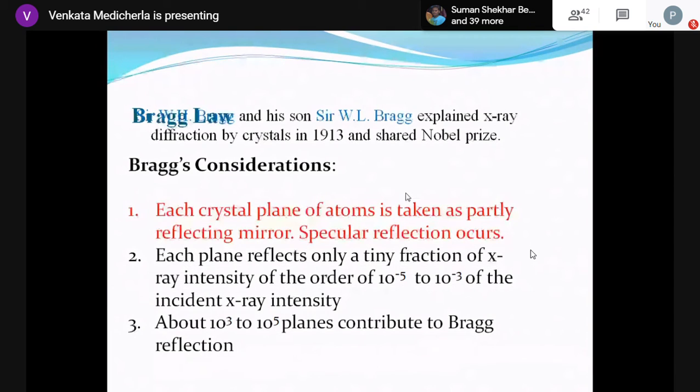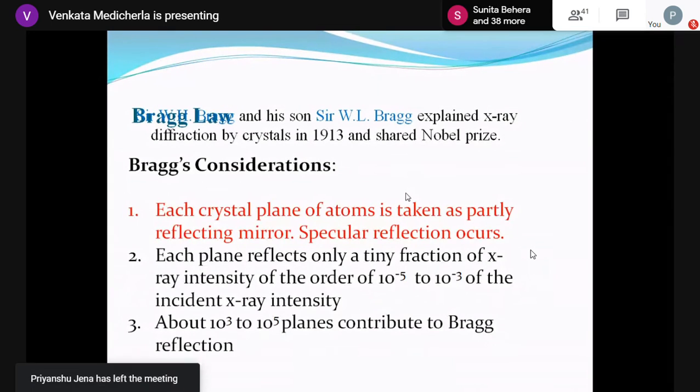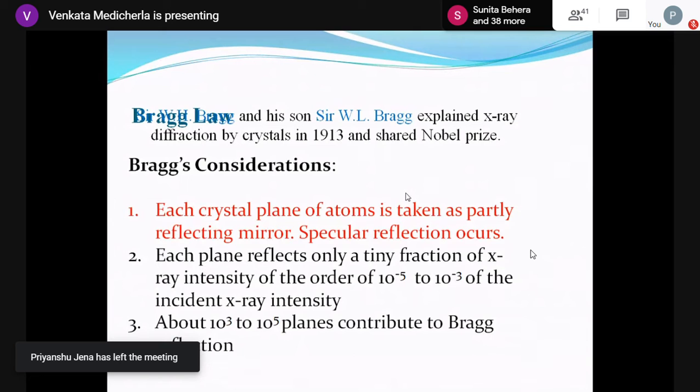They shared a Nobel Prize. See, this is a model, a very simple model, which explains all the X-ray diffraction phenomena. It was done in 1913, and they shared a Nobel Prize.